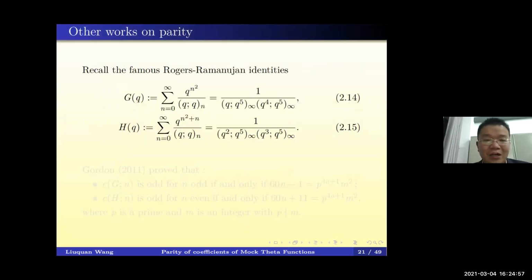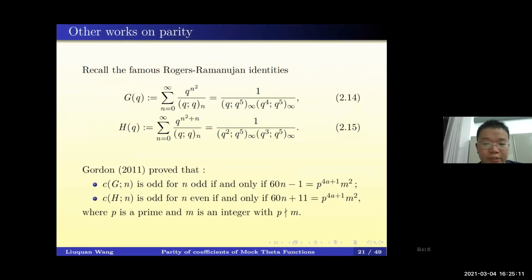Now let's see some other works on parity. Besides the partition function, people are also interested in other integer sequences modulo 2. For example, for the famous Rogers-Ramanujan identities given here, Gordon studied the parity of their coefficients, and he proved that the nth coefficient of G(q) is odd for odd n if and only if 60n minus 1 is equal to p to the 4a plus 1 times m squared.